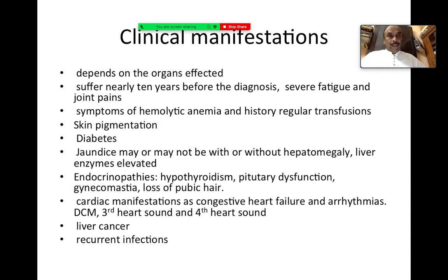The early manifestations are severe fatigue, exercise intolerance, joint pains and hyperpigmentation of the skin. Late manifestations include diabetes mellitus, because iron deposition in the pancreas causes destruction of the pancreas and hypoinsulinemia, that results in the diabetes.